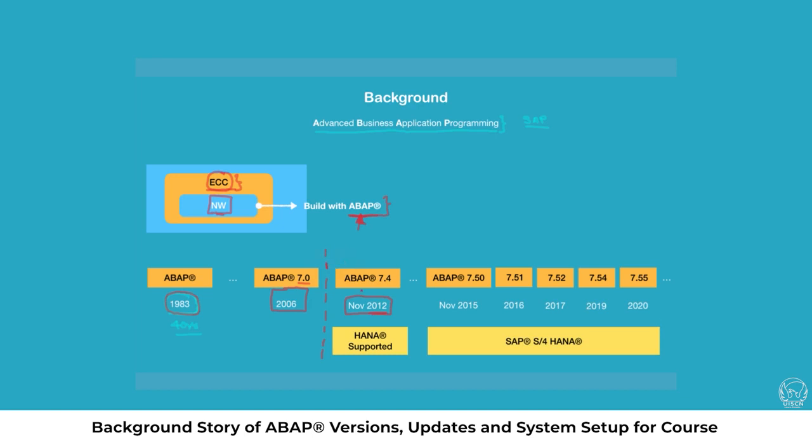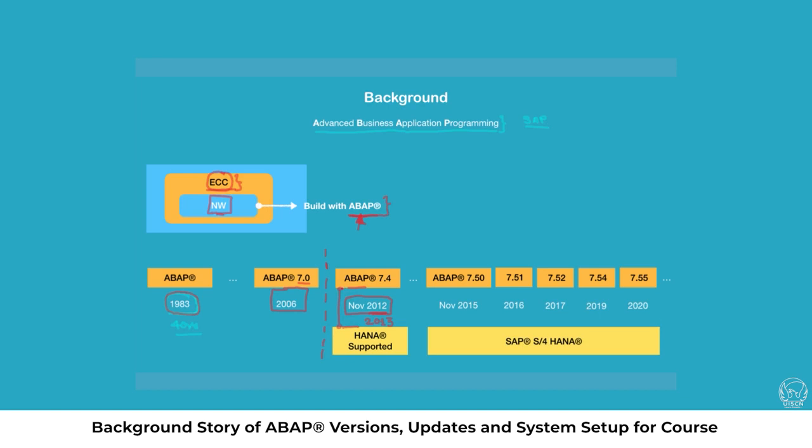At the end of 2012 and the beginning of 2013, we got SAP HANA support for the ABAP programming language, where a developer can write ABAP code which can run in SAP HANA.